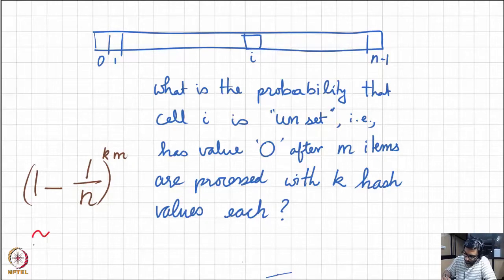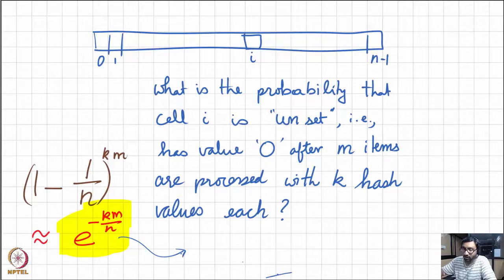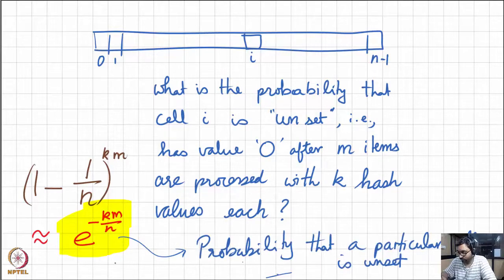And this we all know is approximately equal to e to the minus km over n. Now this value is essentially the probability that a particular cell is going to be unset. So for ease of notation, let's just denote this by lowercase p.